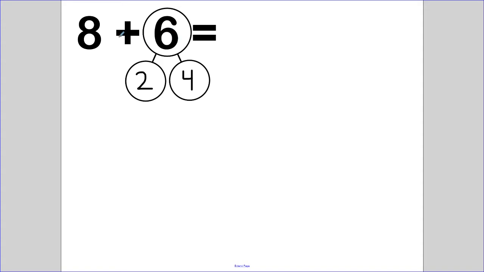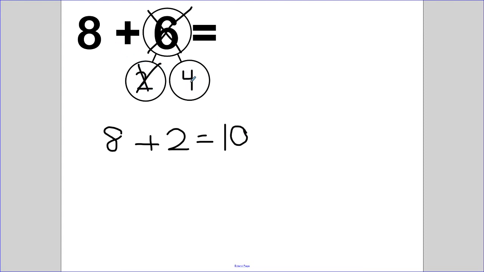Now when we're trying to solve this problem, we have our 8. Remember, once we split that number up, we don't have a 6 anymore, we just have a 2 and a 4. So we can write our number sentences as 8 plus 2 equals 10. So we've used our 2.